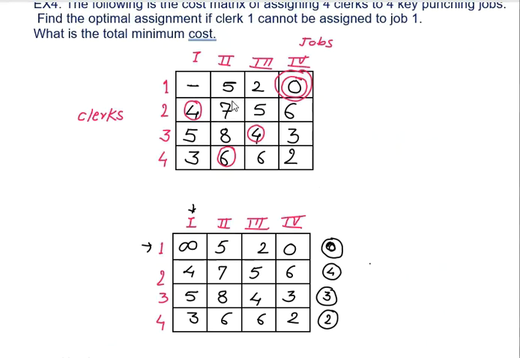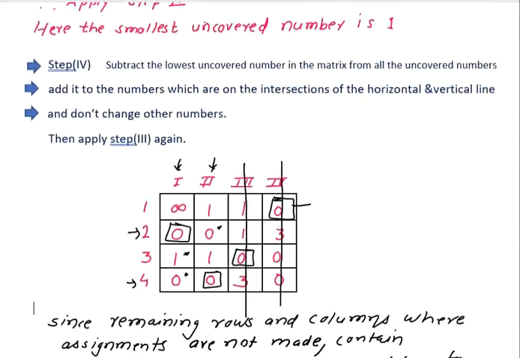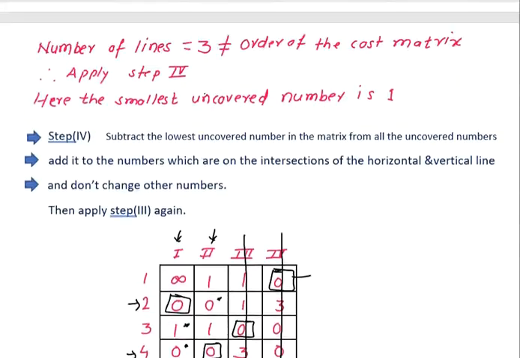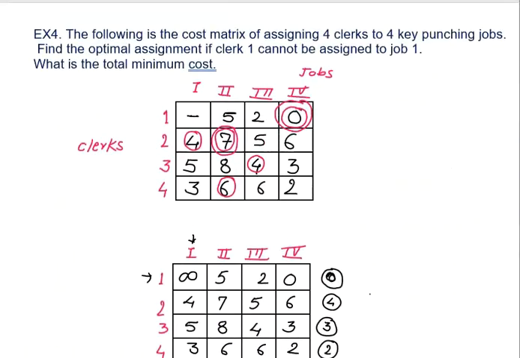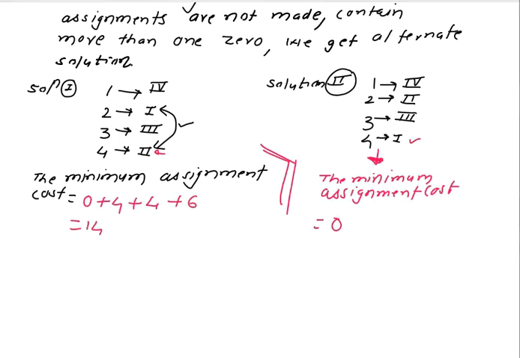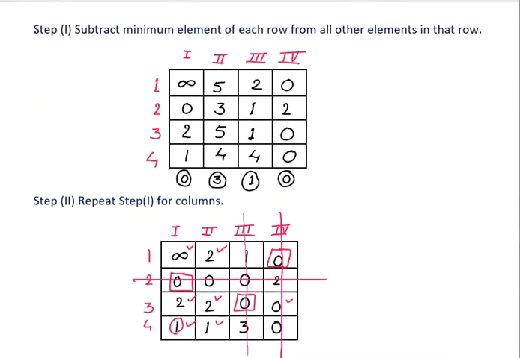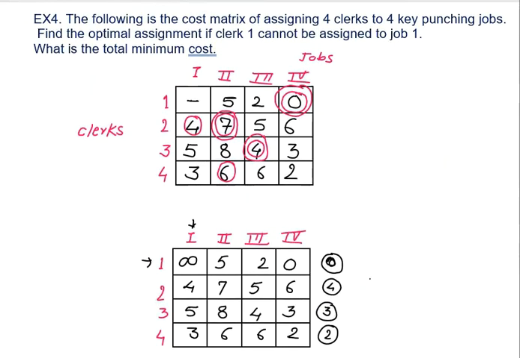Then job number 3, there is no change. Third clerk is assigned to job number 3, so the assignment cost is 4 again. And clerk number 4 is assigned to job number 1, and the assignment cost in this case is 3.